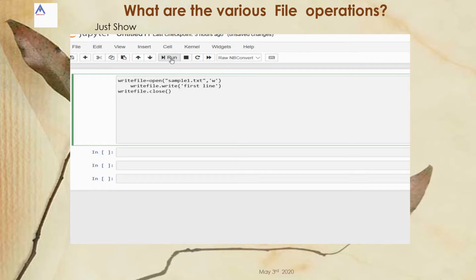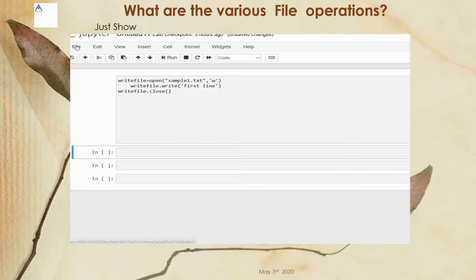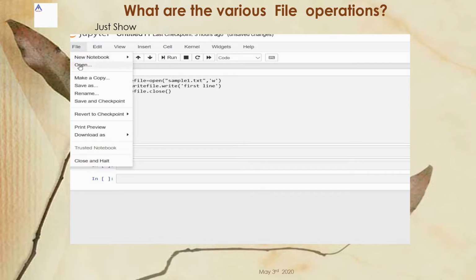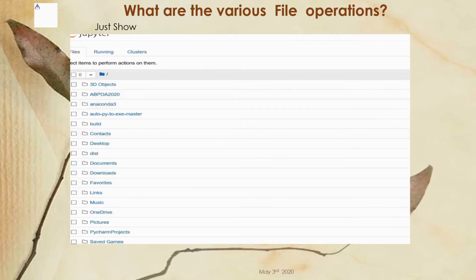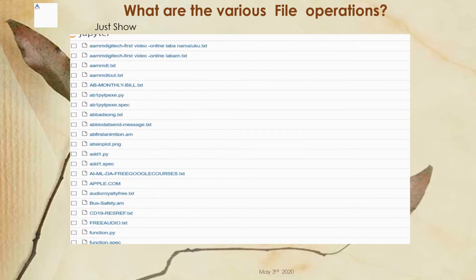So I will run this program. It is executed. Now I am going to see in my current working directory whether the file is created and the line is written or not.